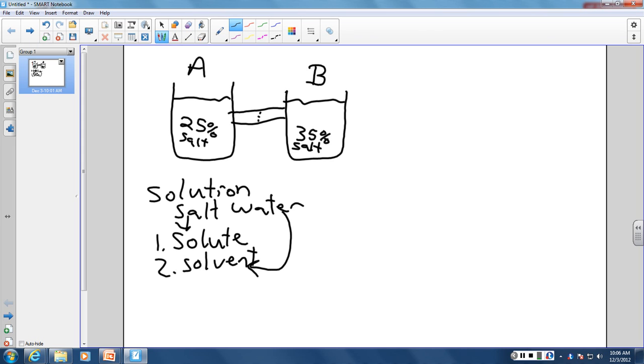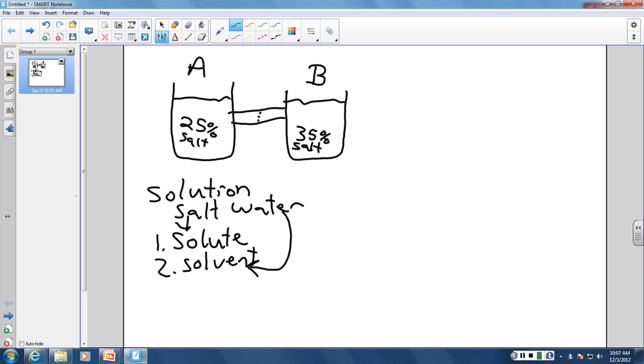So what you have here in container A is 25% salt, 75% what? Water. In the other container you have 35% salt and how much water? 65% water. Okay?